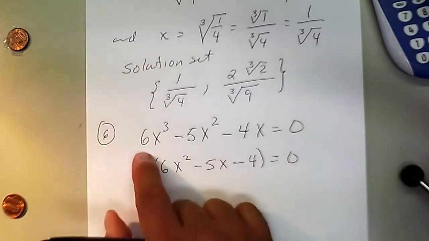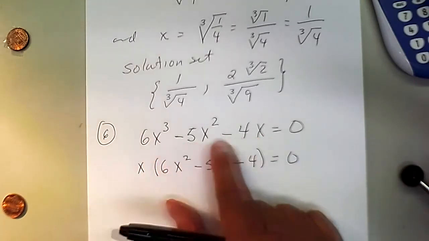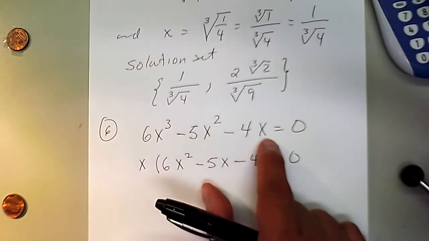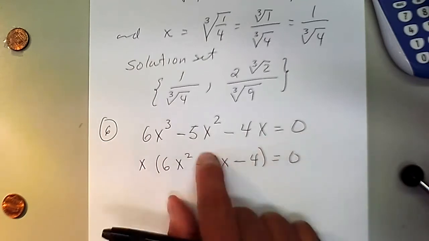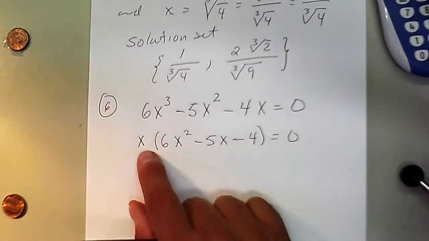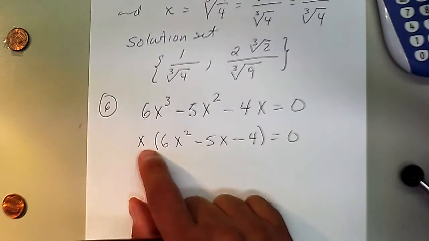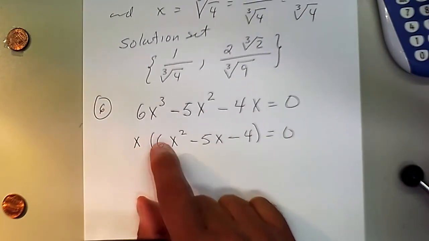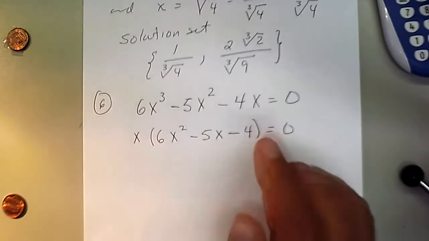If we see too many x's across the board in every one of the terms, factor that out if we're solving an equation. Don't divide by x, because if we divide by x, we would be losing a solution. So don't divide by x. Instead, we're going to factor this.